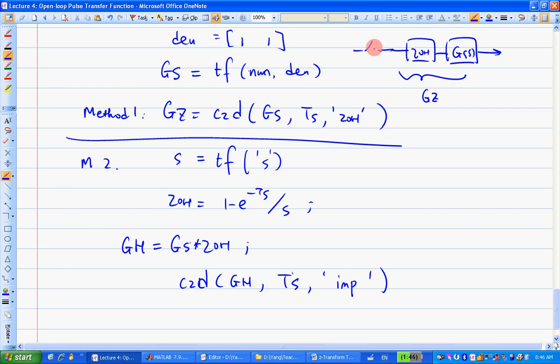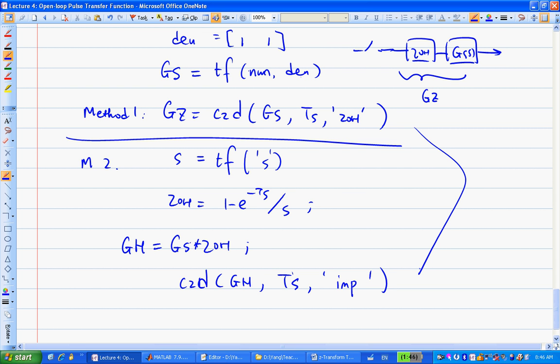So now there's no zero order hold in front of this. What's in front of here? It's that impulse sampler. That's what you tell MATLAB: in front of this GH, there is an impulse sampler, not a zero order hold. So you're supposed to get the same results.